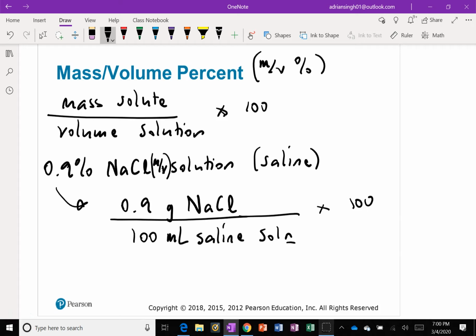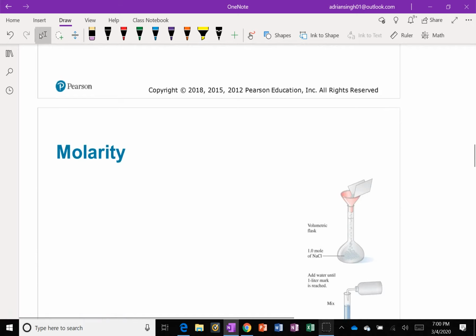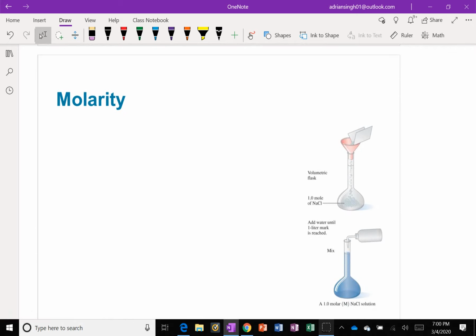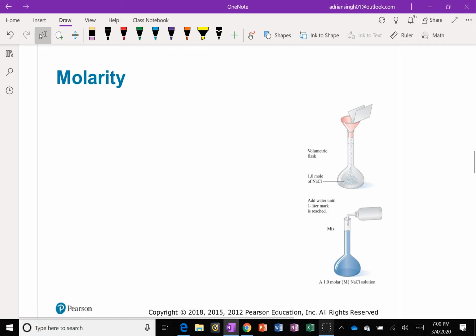So those three concentration units are all percentages. They describe the solute over the solution, whether it's mass over mass, volume over volume, or mass over volume. The last one, I'll just introduce this before we finish, is molarity, and it is also going to represent the relationship between those two things.